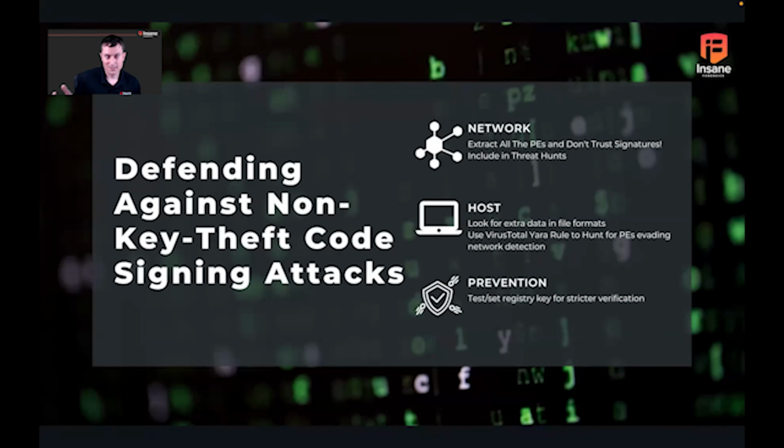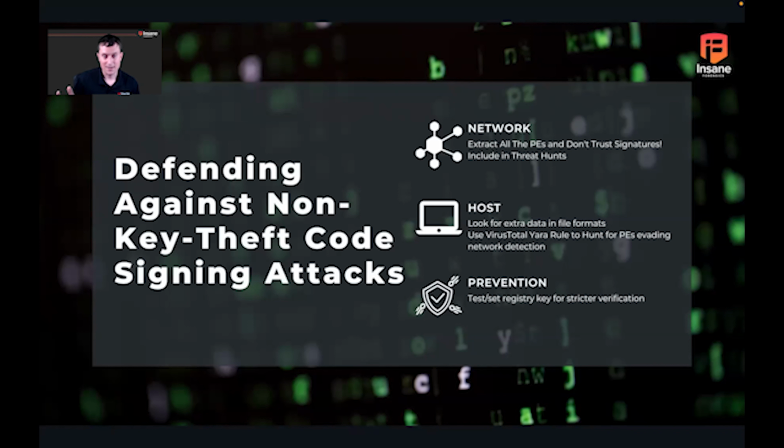But even if the signature is good, you're going to want to look at PEs that you can pull off the network and ask, is there data in slack space? Do I see signs of that 2020 CVE or the 2013 one? You can't trust just a log that says, yes, this PE is fine. You have to actually look a little closer, just based on the nature of these vulnerabilities.